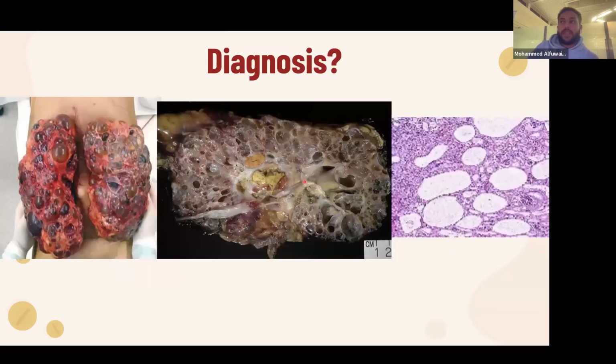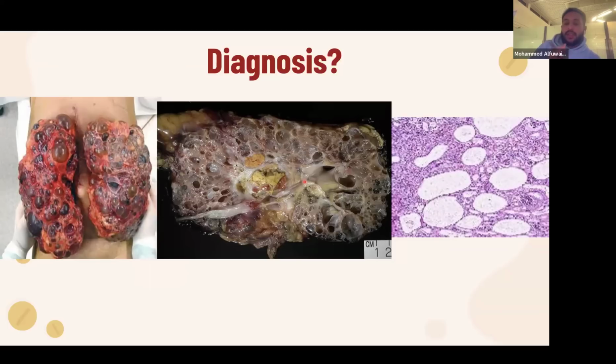Now, you have a patient who is 45 years of age, presenting to you with hypertension, very severe hypertension, headaches, right upper quadrant pain. What is your diagnosis? Autosomal dominant polycystic kidney disease.